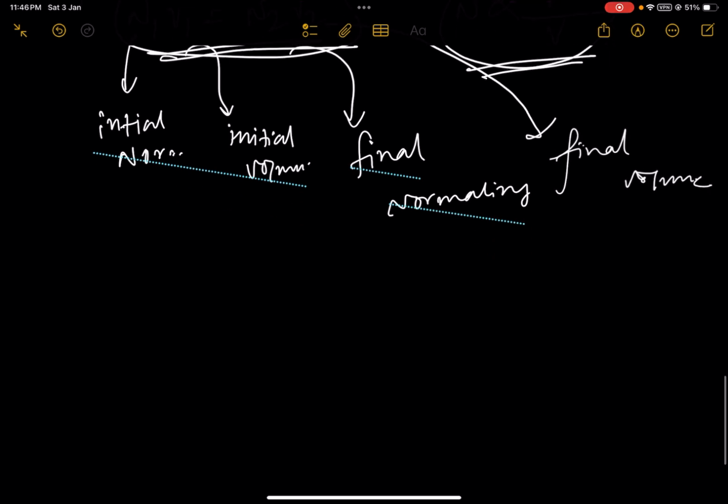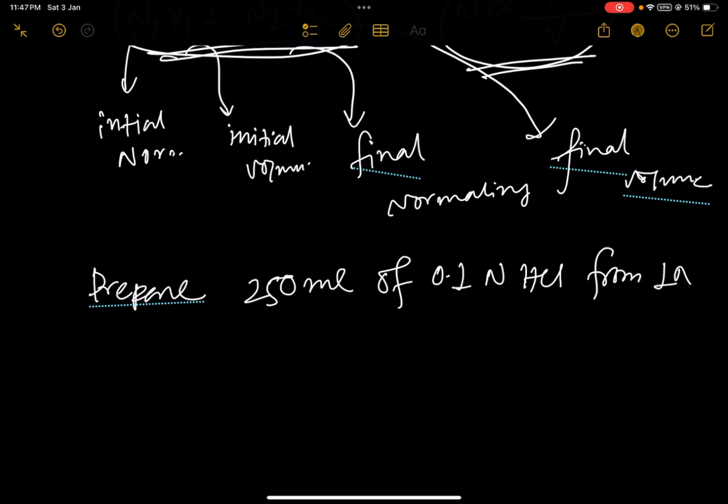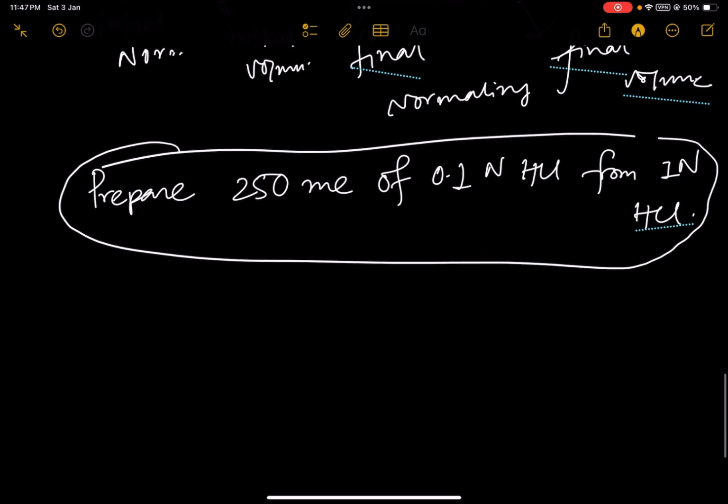If a question comes on this topic, the dilution law, and they say prepare 250 ml of 0.1 normal HCl from 1 normal HCl, how will you make this in your chemistry lab?